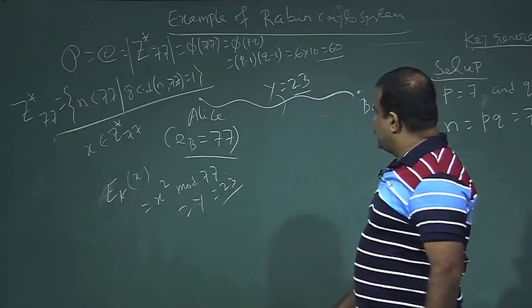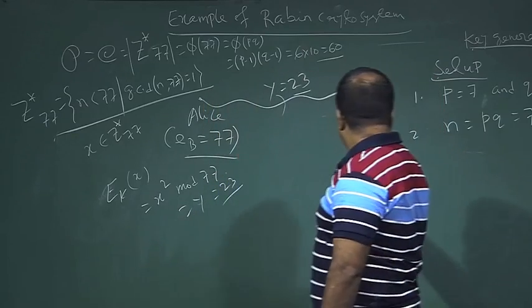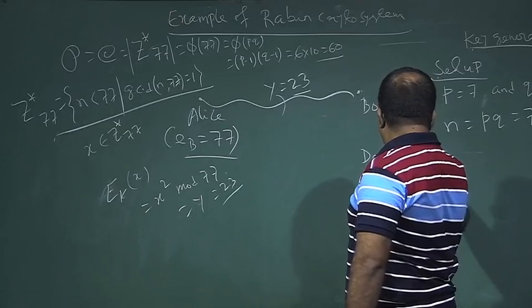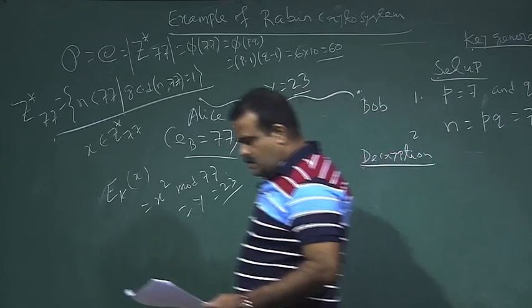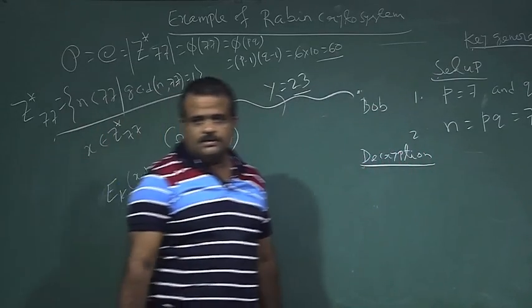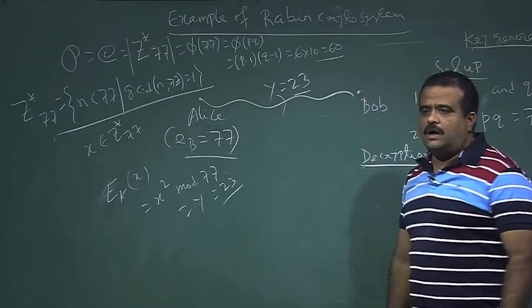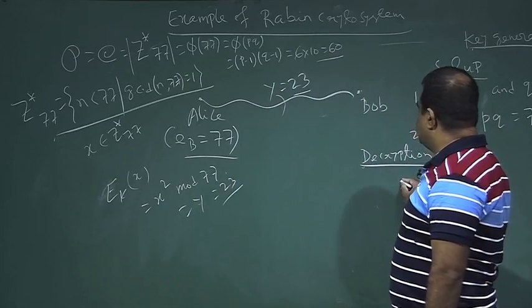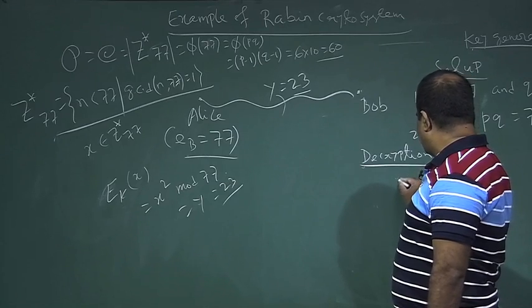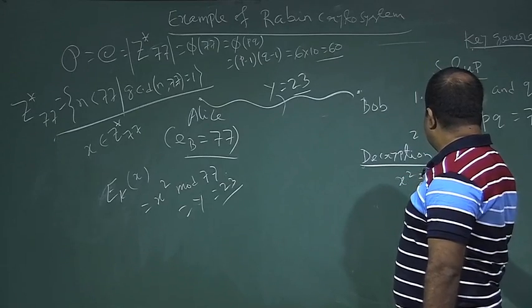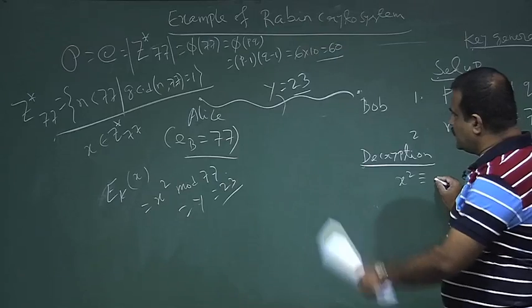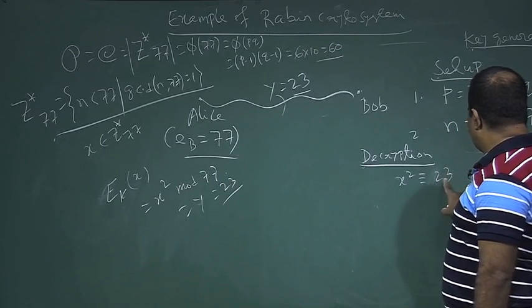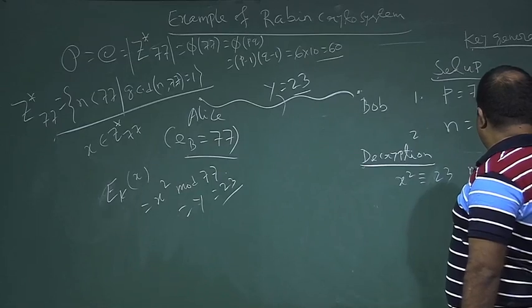How will Bob decrypt it? There will be some ambiguity. To decrypt, Bob has to find x such that x square is congruent to 23 mod 77.